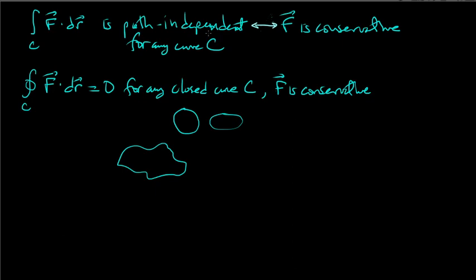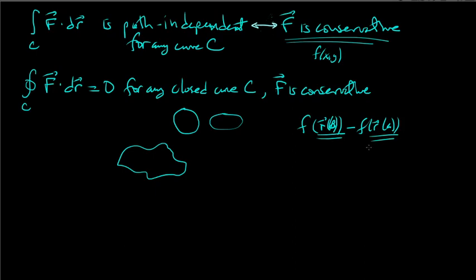And the way it works is, if f is conservative, we can find the potential function, and then we know that the line integral is just the difference of the two values of the potential function. So I'll just say f of r of b minus f of r of a. All that matters is the final point and the initial point.